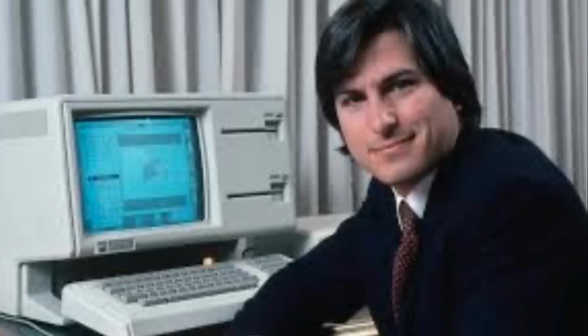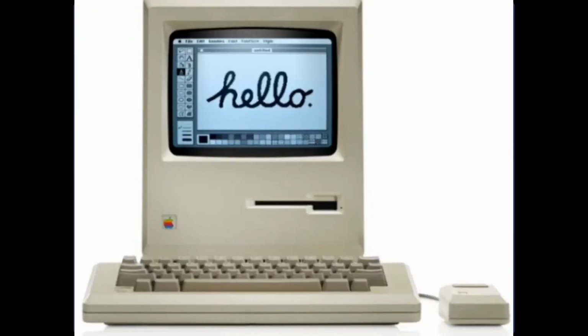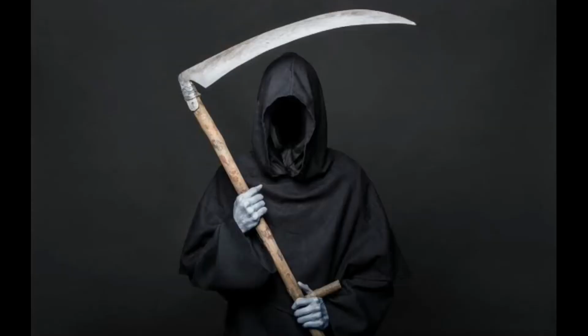The keyboard was the way to interact with computers at that time. Steve Jobs said it took them a lot of time to figure out how to make this as user friendly as possible. But eventually he figured out that death will solve this.